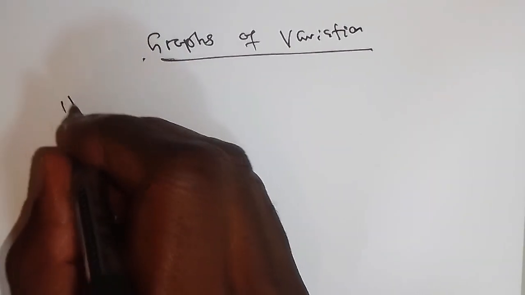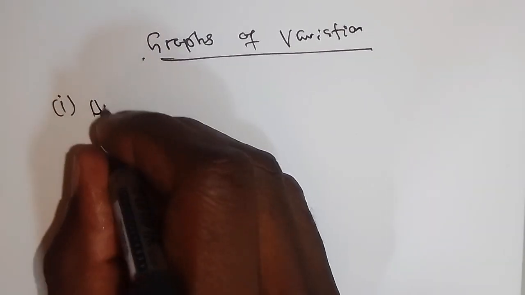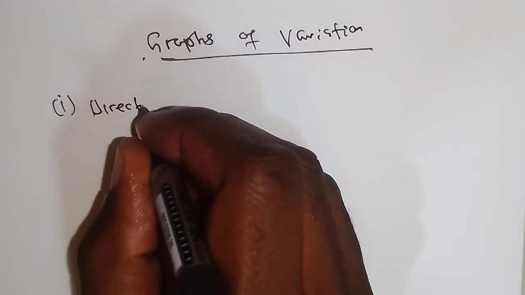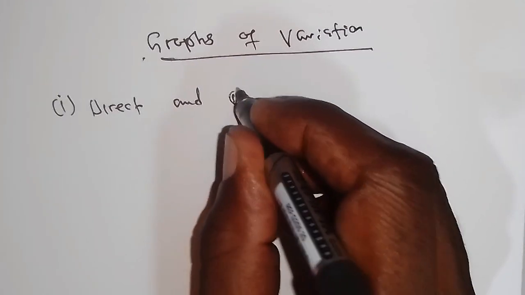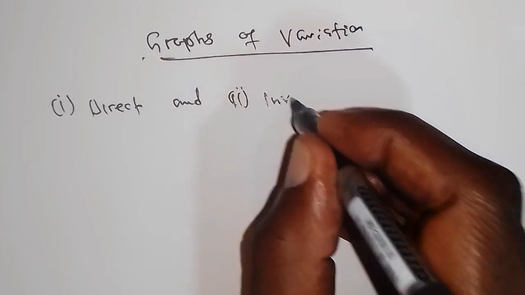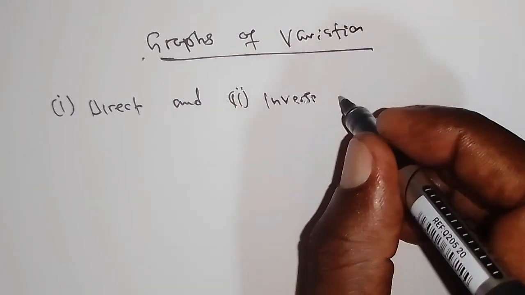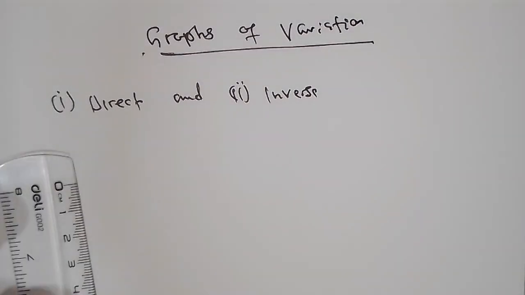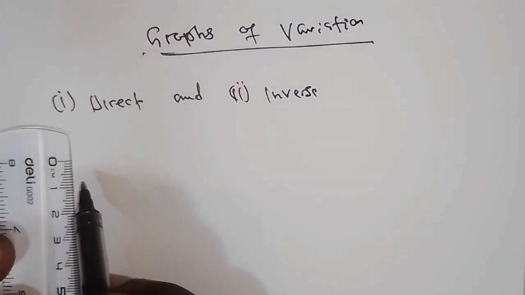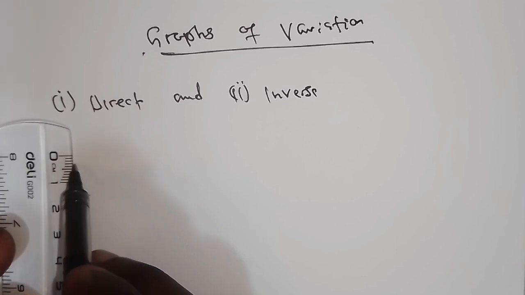The graph for direct and that one for inverse. So when you're looking at the graph of a direct variation, it's just as simple as drawing this simple graph.